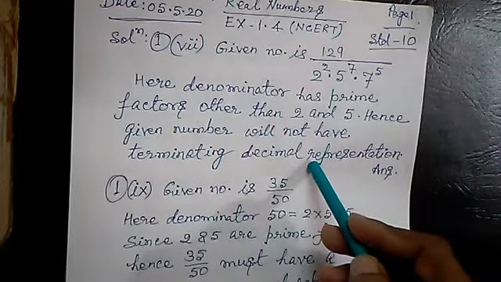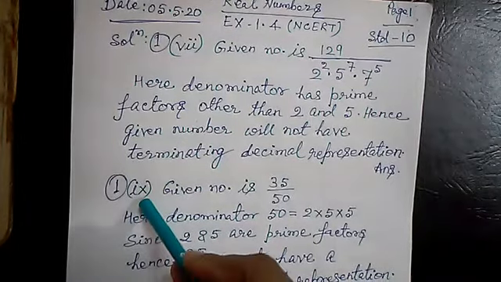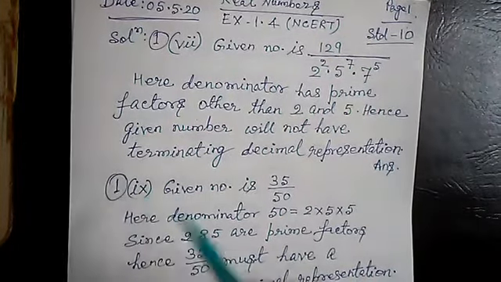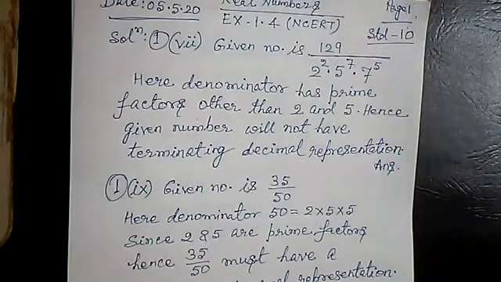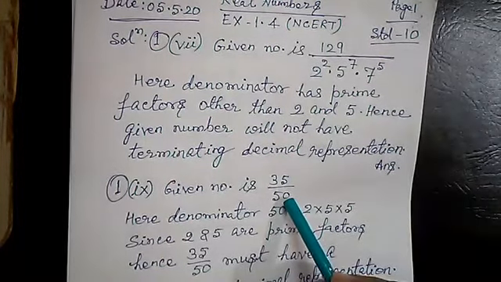Now coming to the ninth sum of sum number 1. Here the given number is 35 upon 50.